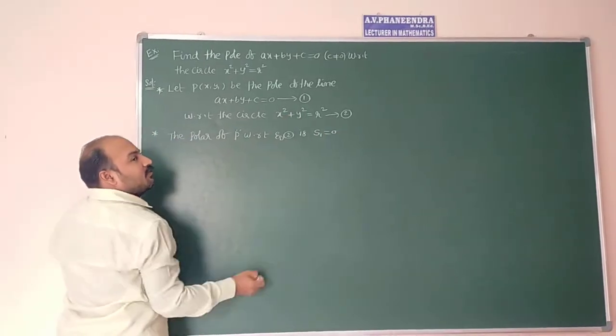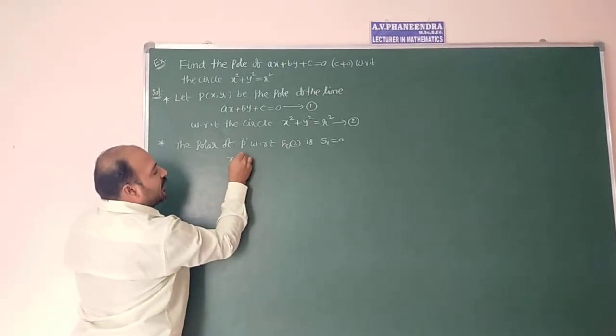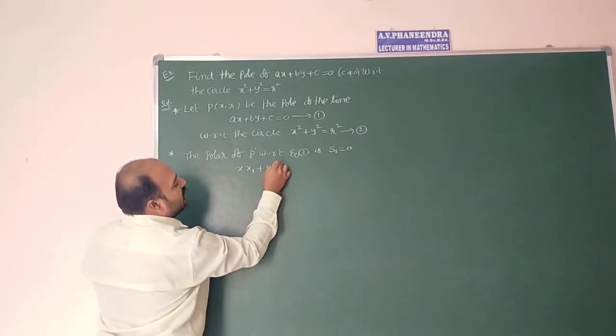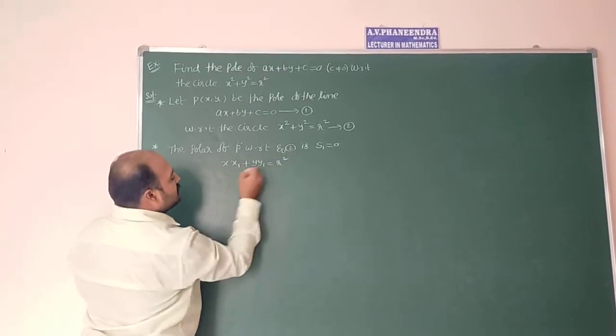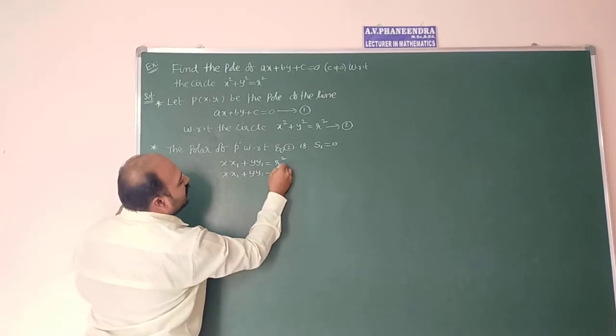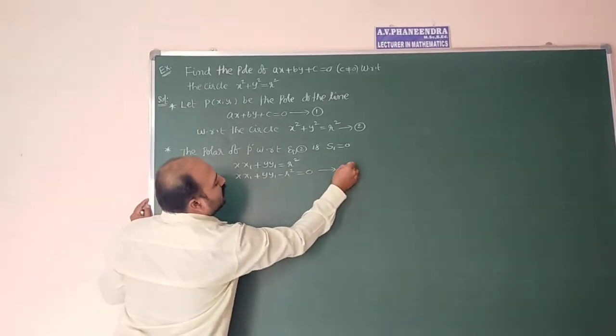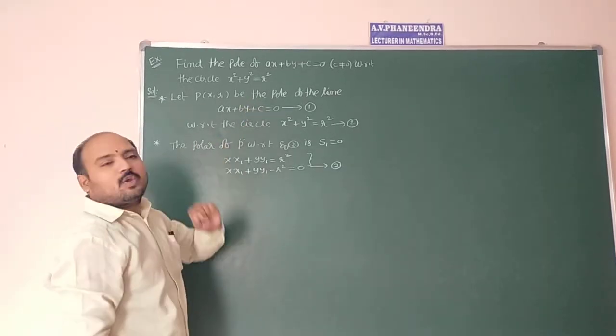For this circle equation, the polar equation S1 equal to 0, I already discussed: xx1 plus yy1 is equal to r square. So we can write xx1 plus yy1 minus r square equal to 0, equation number 3. This is also a polar equation.